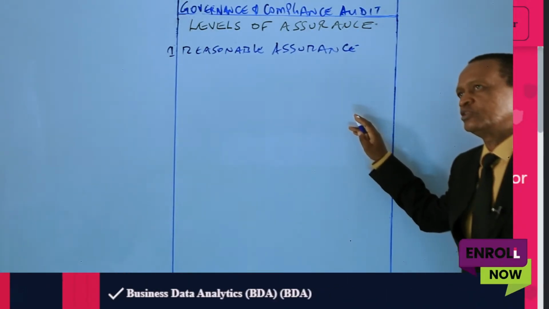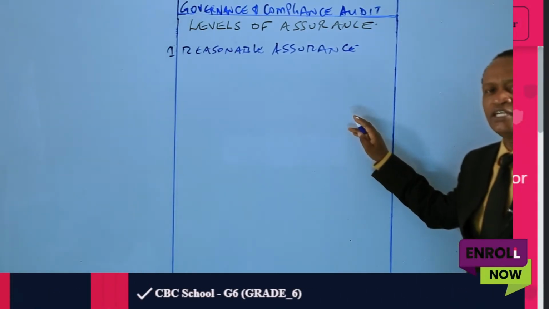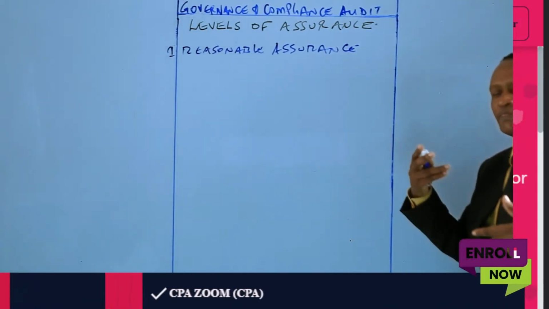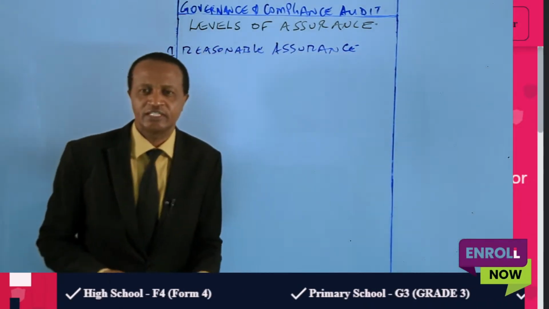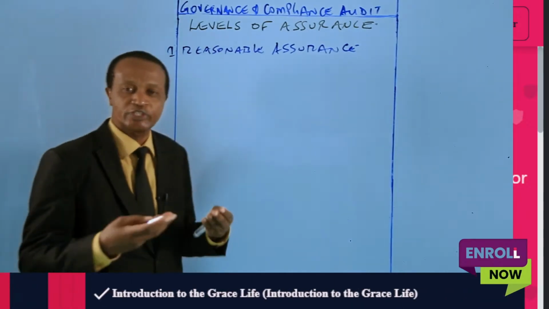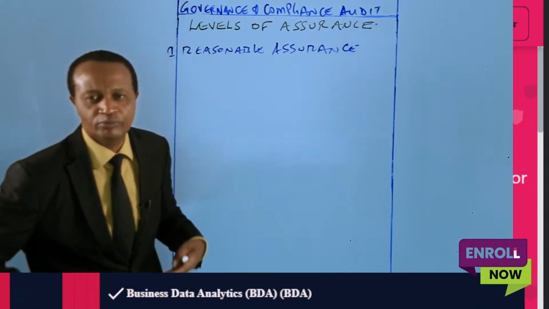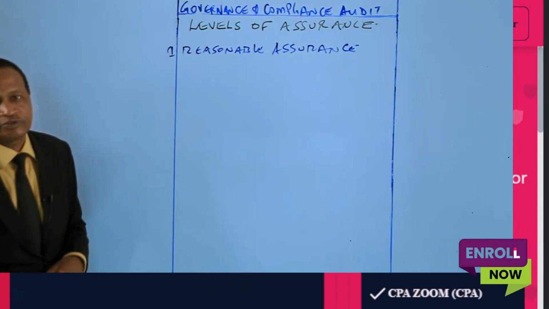It has to verify controls and compliance activities. And it often includes a combination of inquiries. The auditors have to make inquiries. The auditors have to inspect documents. They have to observe processes and also reperform procedures. You understand?